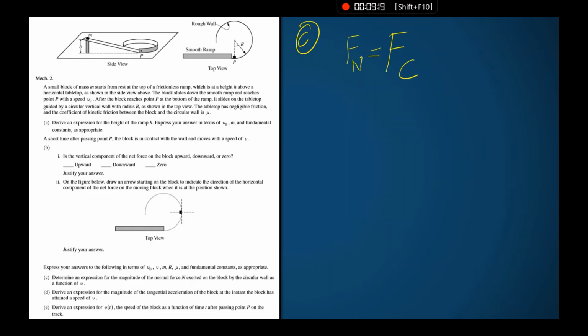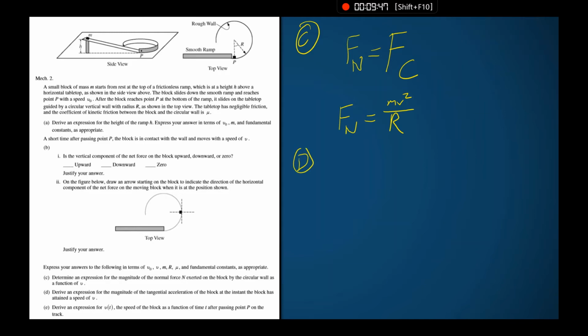Perfect. So my normal force is centripetal force. What's our centripetal force? mv squared over r. Perfect. That's a capital R for us. Our radius is constant and our mass is constant, so this should be okay, actually. So we're already in an expression for v. Okay, that was easier than it looked.